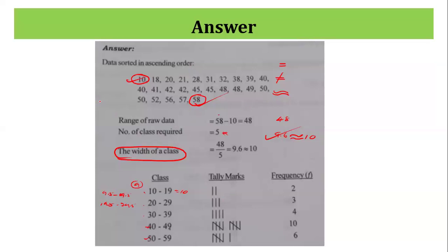After that we use tally marks. 10 to 19, tally 2. 20 to 29, 1, 2, 3. 31 to 39, 1, 2, 3, 4. Then we write these as integers, counting numbers: 2, 3, 4, 10, 6. This is called a frequency distribution table.